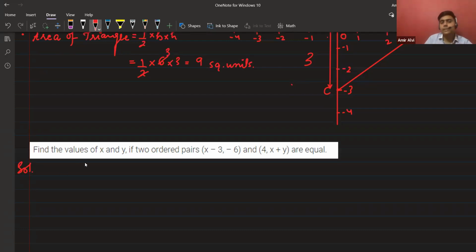So basically, dear, the question is saying find the value of x if two ordered pairs are equal. Can you tell me, dear, how to find out the value of x and y? Just tell me the approach you would like to follow.